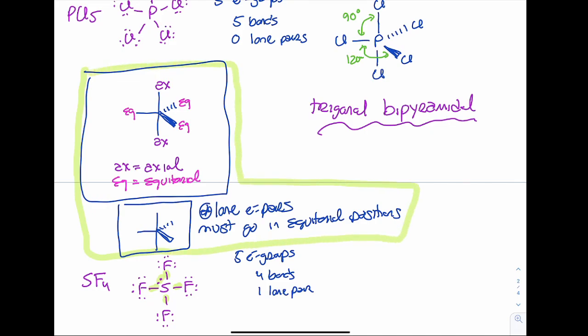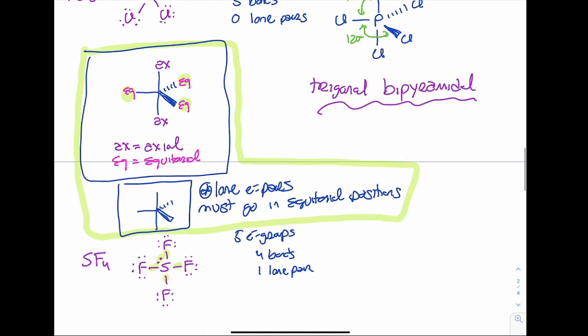So for my 5 electron group structures, when I have a lone pair, I'm going to put it in one of those equatorial positions. So I can put it here, here, or here. If I was to put it in one of those axial positions, I am going to get the wrong answer. I'm going to choose to put it in the one that's in the plane, but you could choose to put it in any of those positions.